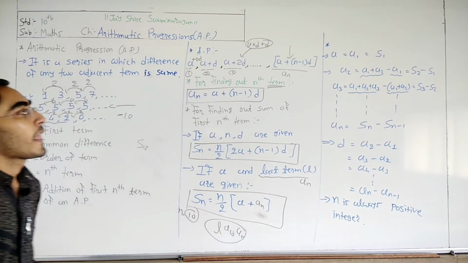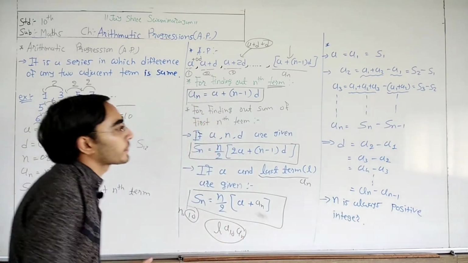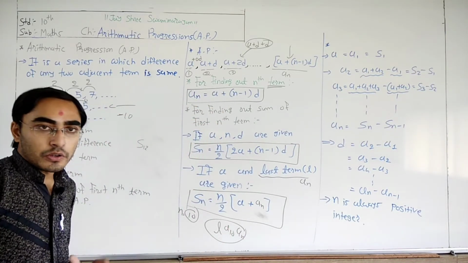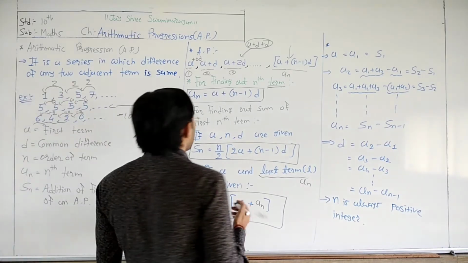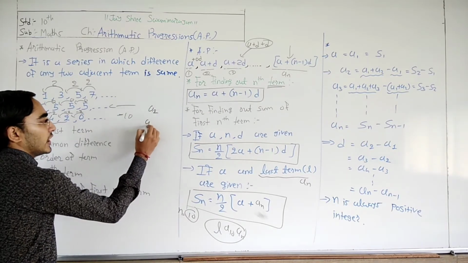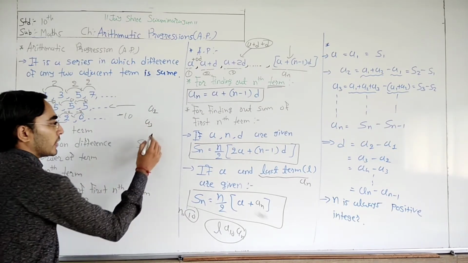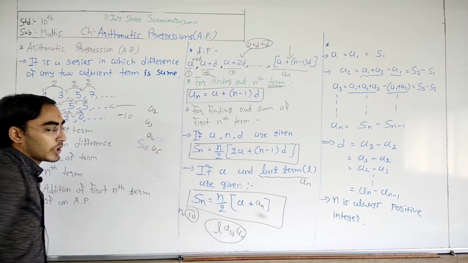After that, some more things related to this chapter. Here a means what? a means the first term. Now a2 means what? Second term. a3 means third term. a4 means fourth term. a5 means fifth term.